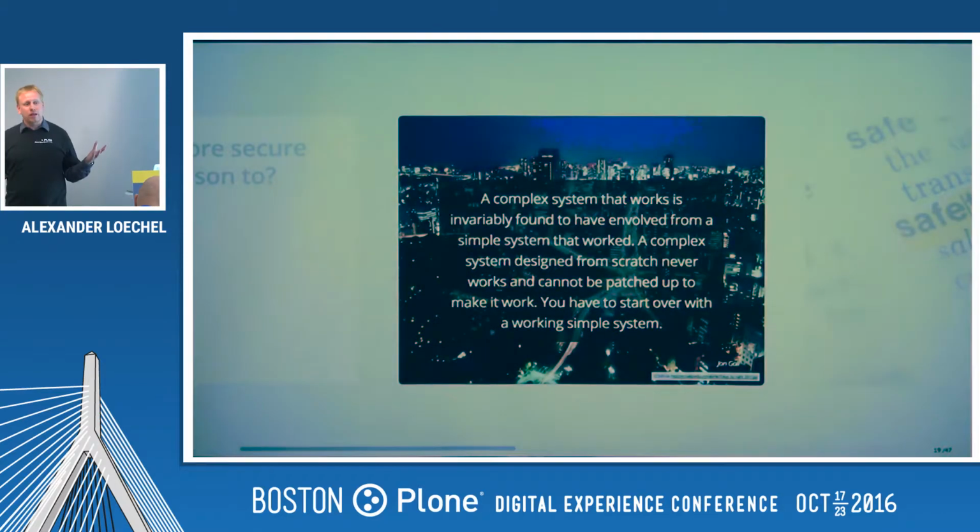But it's like with all complex systems, they are inevitable. The law of John Gall: a complex system that works is invariably found to have evolved from a simple system that works. A complex system designed from scratch never works and cannot be patched up to make it work. You have to start over with a working, simple system.